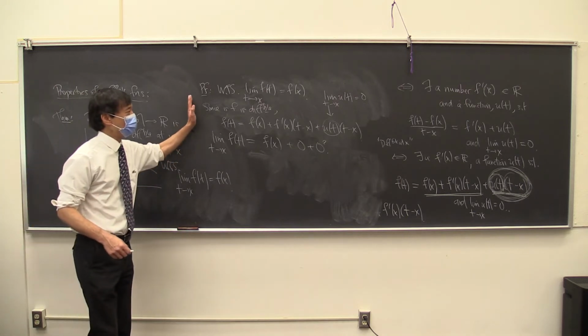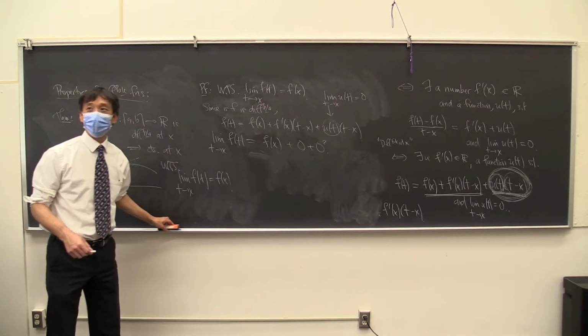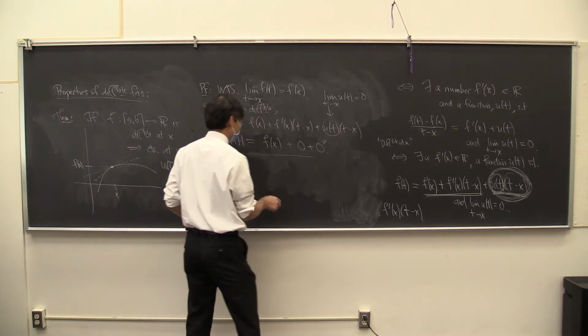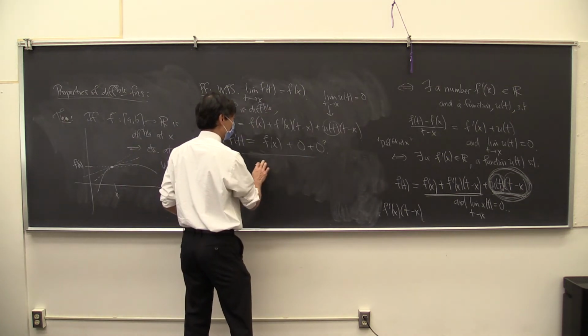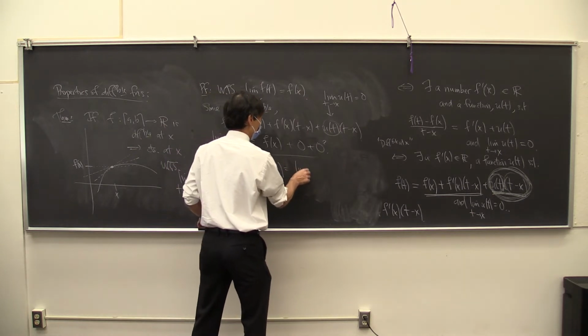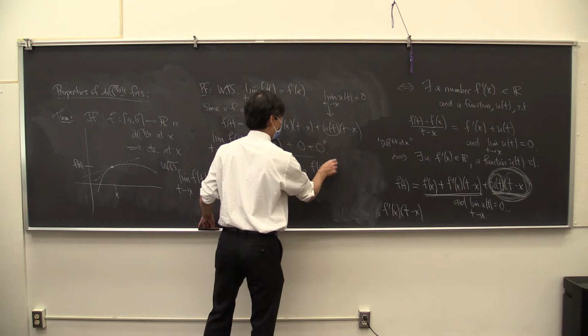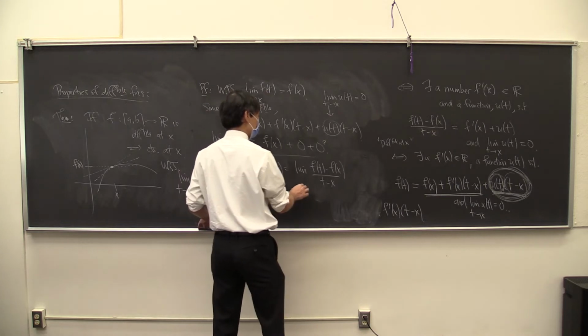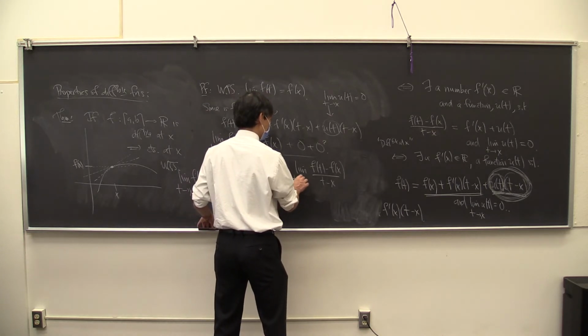I like this way of thinking about continuity. I know that it's probably true, and you probably did it in your calculus class. You probably said, well, f prime of x equals the limit of f of t minus f of x over t minus x as t approaches x.